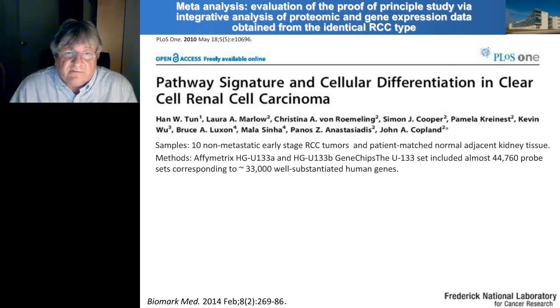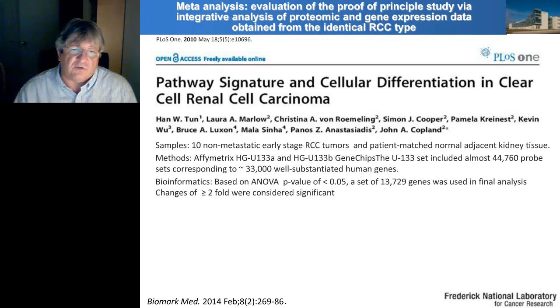They used Affymetrix, and they found that there are 33,000 well substantiated human genes that can be followed in these tissues. And based on ANOVA and p-value less than 0.05, they found 13,000 genes that can be considered significantly changed.